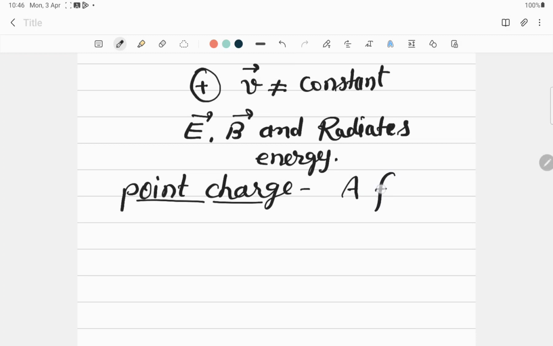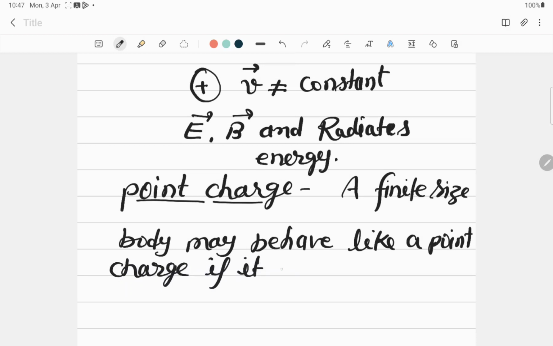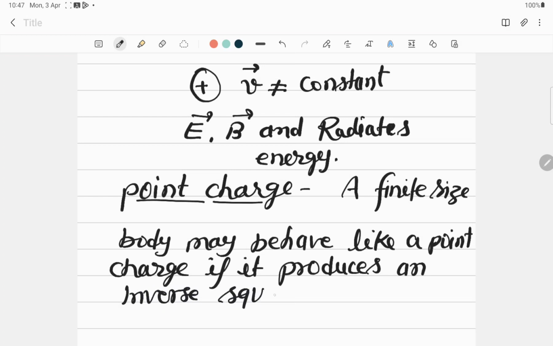So a finite size body may behave like a point charge if it produces an inverse square electric field.